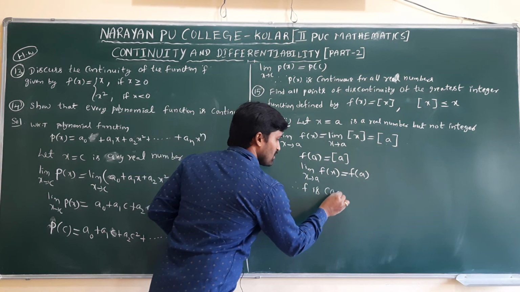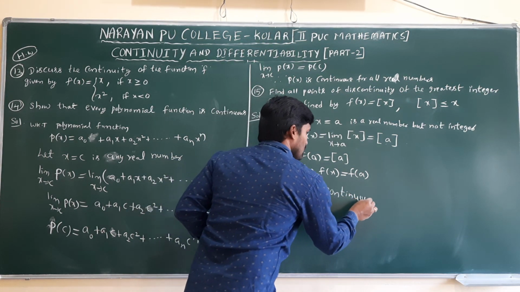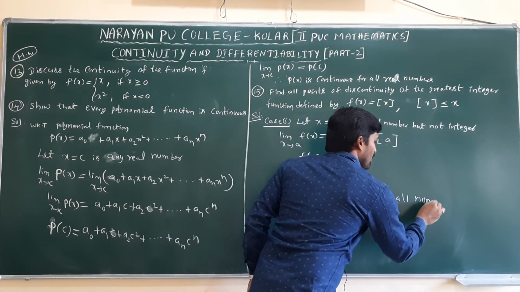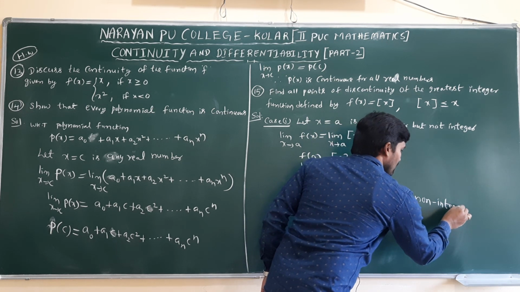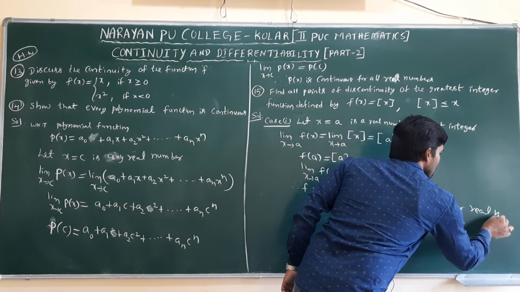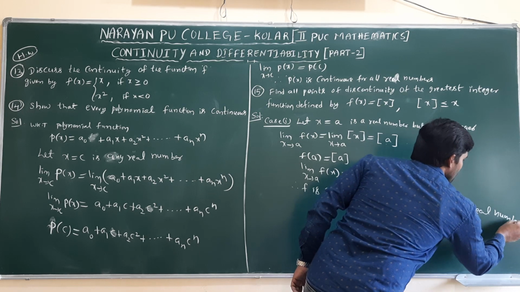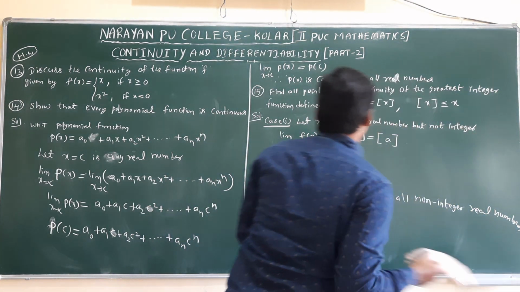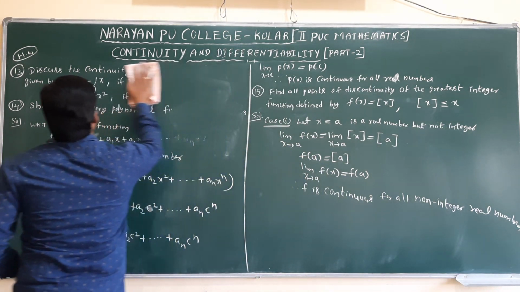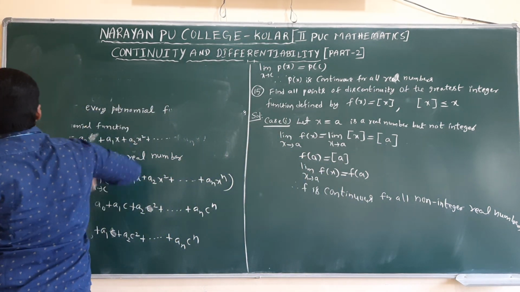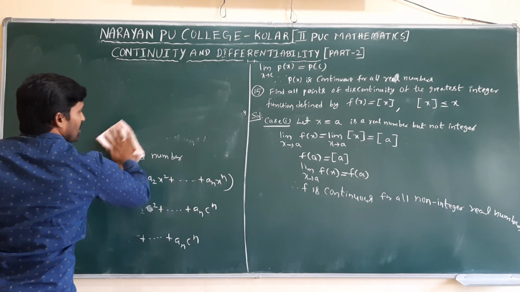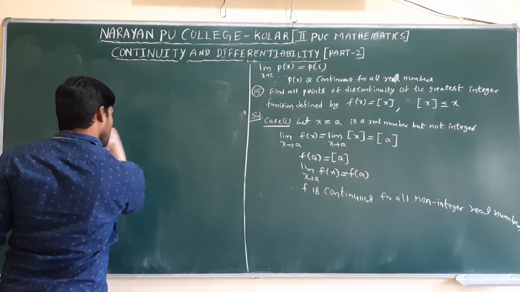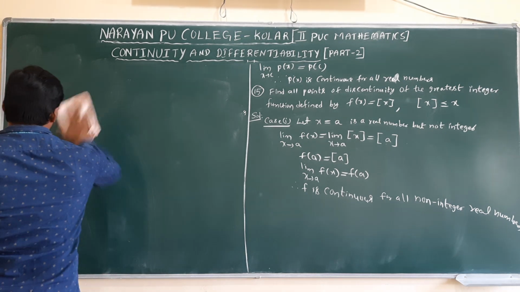f is continuous for all non-integer real numbers. Non-integer means not integer conditions. We have so many non-integer real numbers, that's why I have taken a symbol, because except integers also we have an infinite number of real numbers.